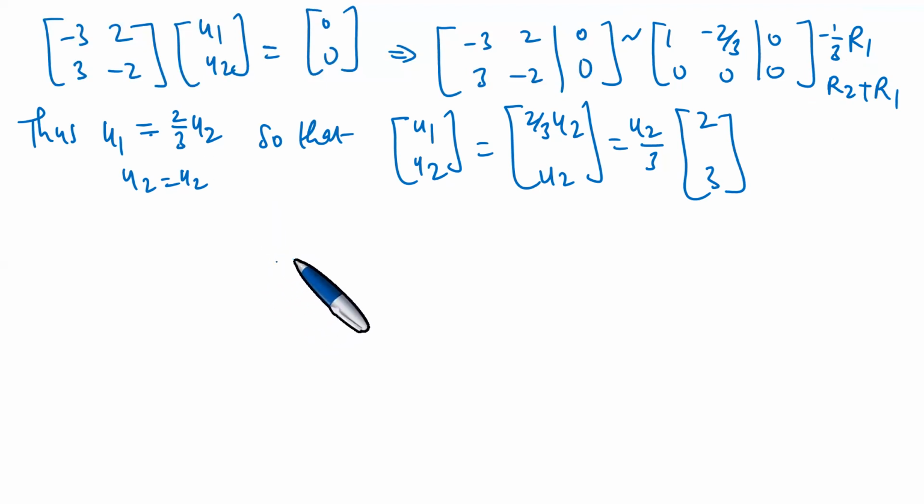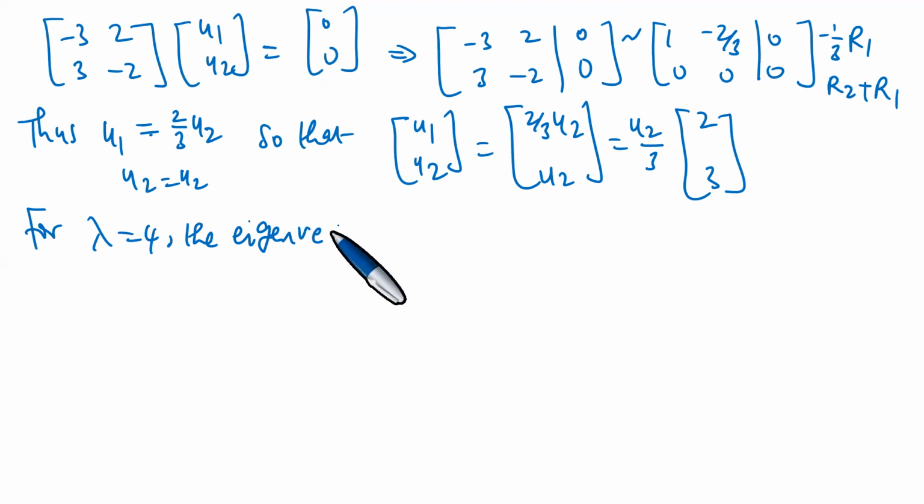Okay. For lambda equals 4, the eigenvector, what is it?